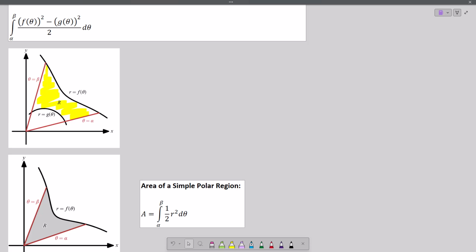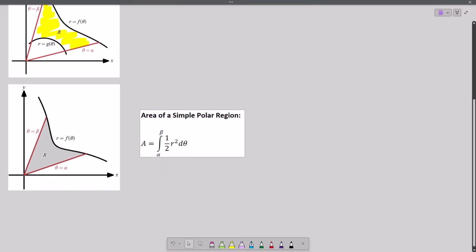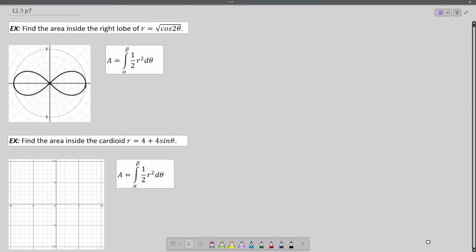That is our generalized formula for the area between two polar curves. If we just have a simple polar region, so just one curve, that's our area, 1/2 r squared d theta. So let's try it. Let's see if we can find the area of some polar regions.